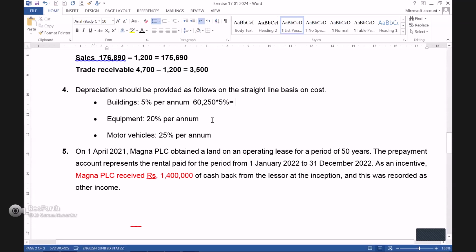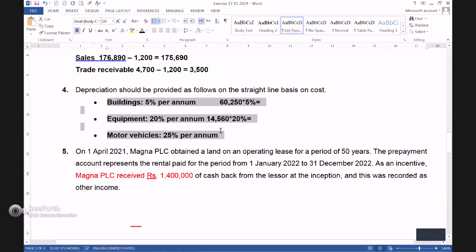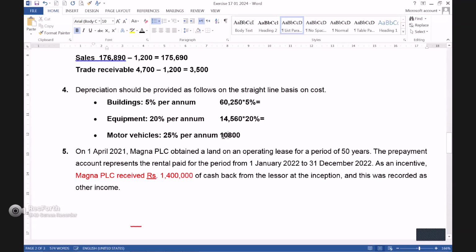The equipment: 14,560 into 20%. The motor vehicle: 10,800 into 25%.